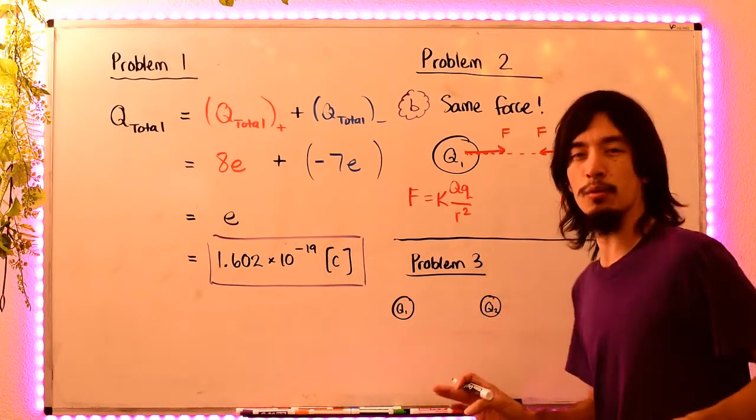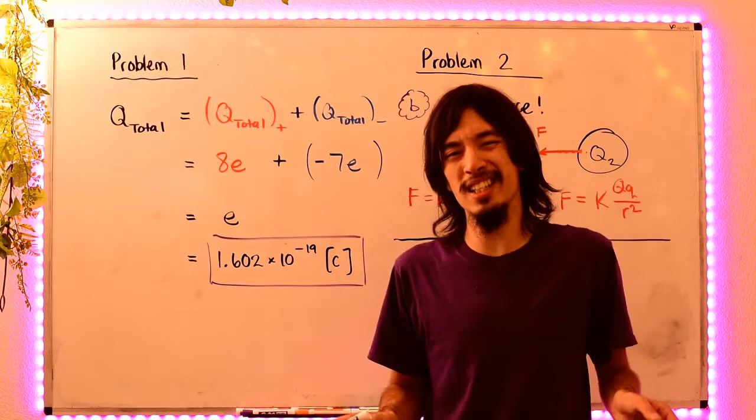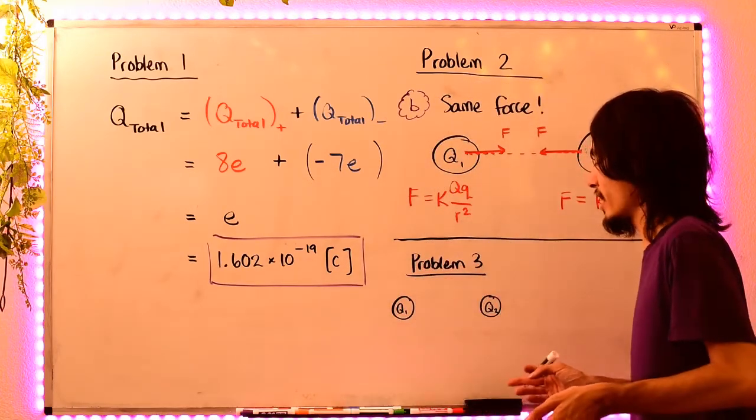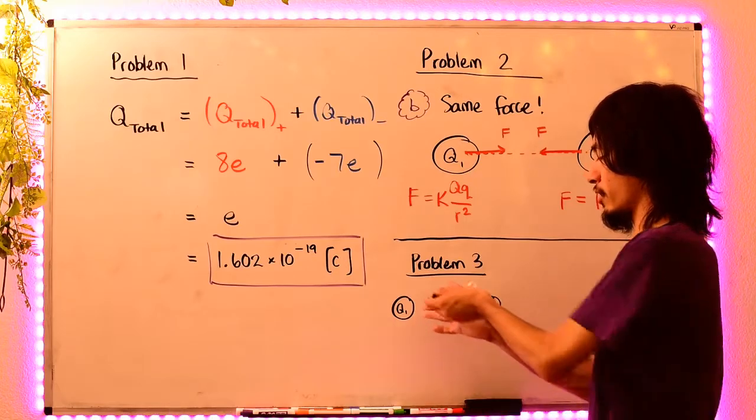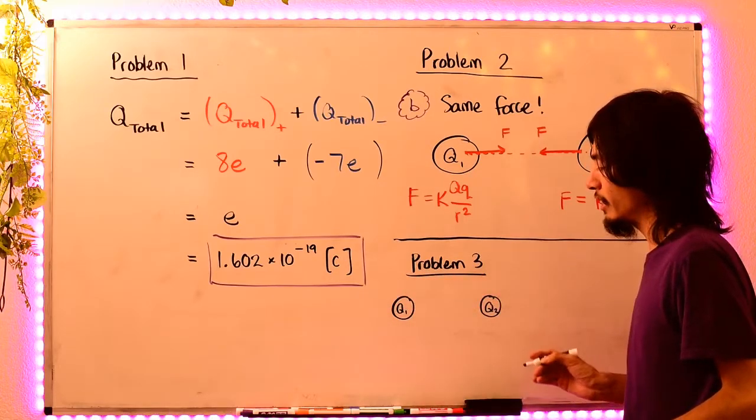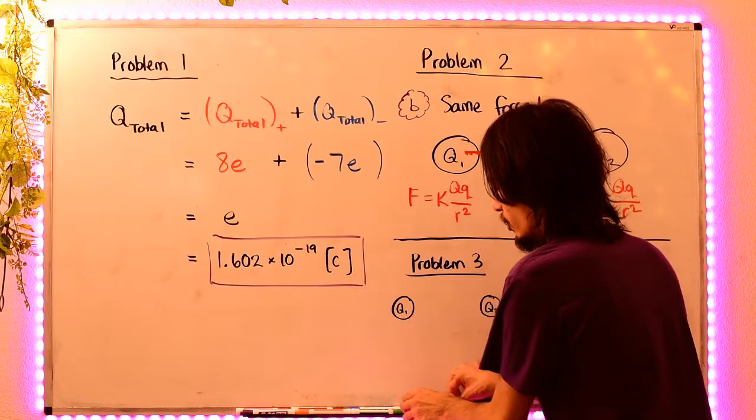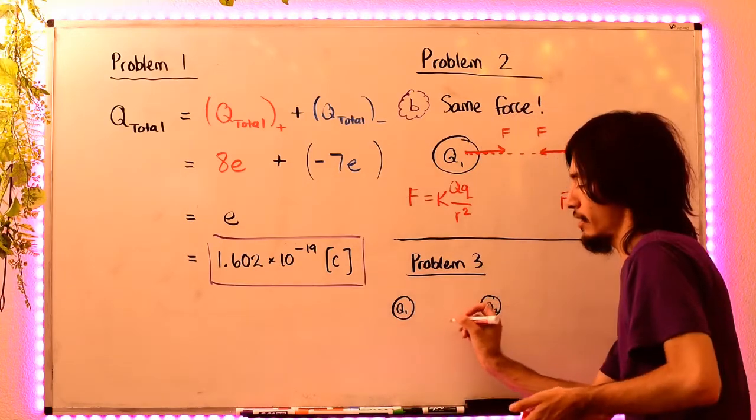Now, I did tell you that they weren't identical in this case, but it technically didn't really matter if they were identical or not, because it still forms a charge pair. And the only thing we care about that actually changes in this situation is the distance.